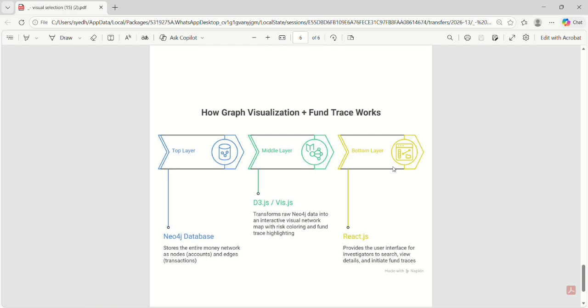Data is structured into nodes and connections, enabling clear visualization of money flow across accounts. Investigators can interact with this visual interface to trace the movements of funds, uncover hidden relationships, and identify fraud networks quickly and efficiently.